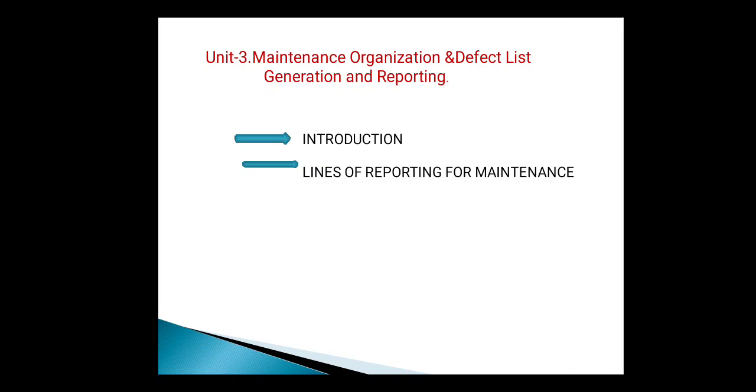Henceforth, lines of reporting for the maintenance department play a very important role while reporting failures to top-level management. Before reporting, discussion is to be done on the particular defects and failures of the machineries, whether it may be repaired at that moment or we should be ready to change that part. These things are to be analyzed in the lines of reporting. So this point plays a very important role in the maintenance organization.